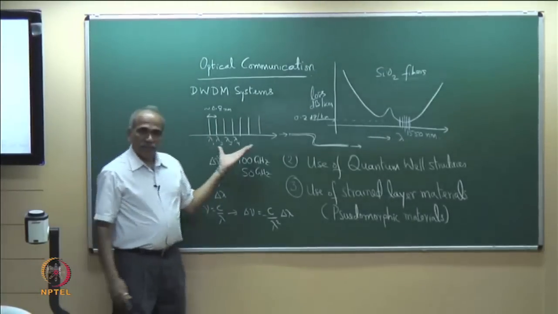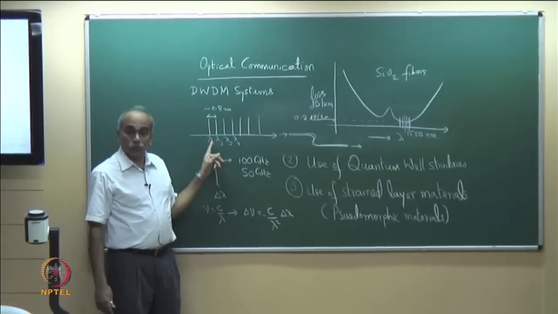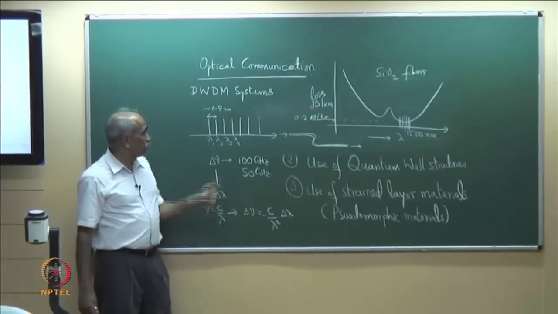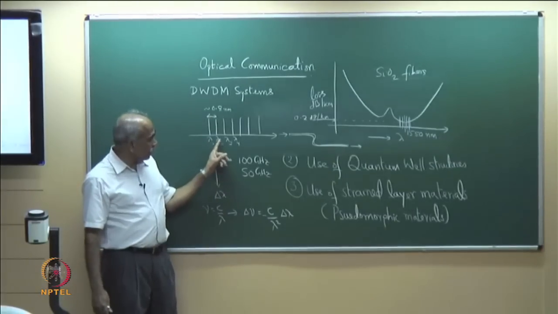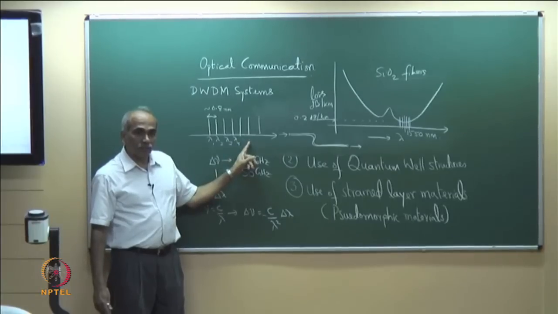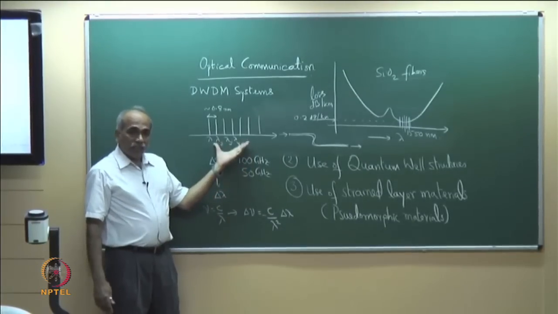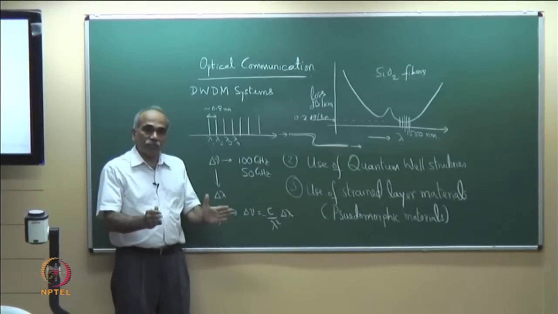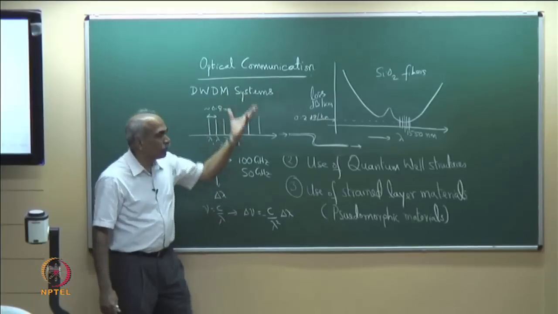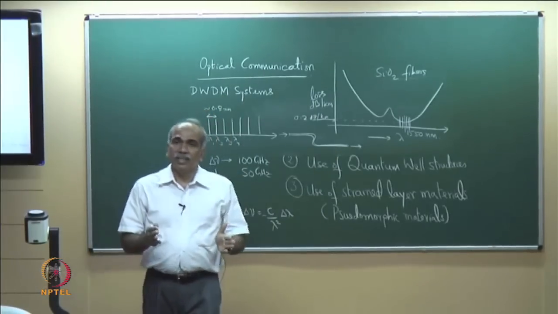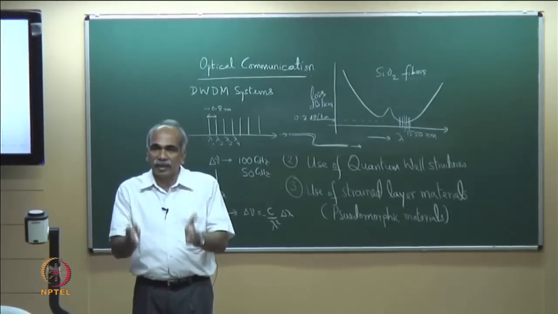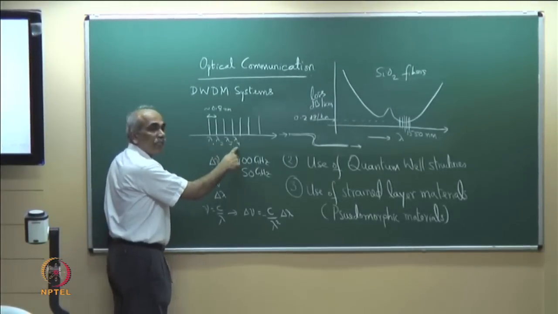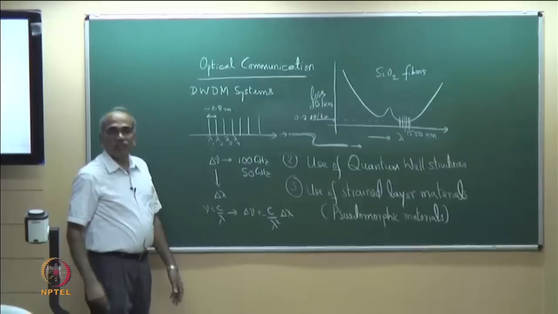To realize such a system, you also need sources, a laser used as an optical source. You need sources which are very closely spaced. One can realize these lasers using the same material system, but by going for bandgap tailoring. A little bit of tailoring of the band gap can result in wavelength emission at very closely spaced lines.